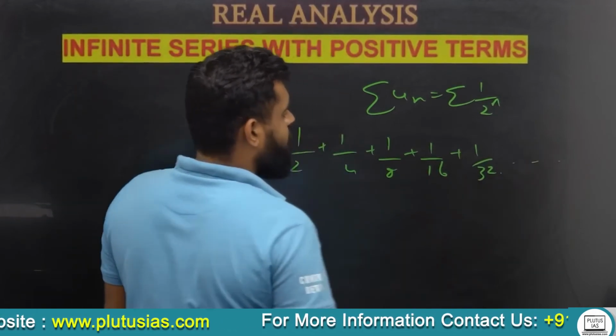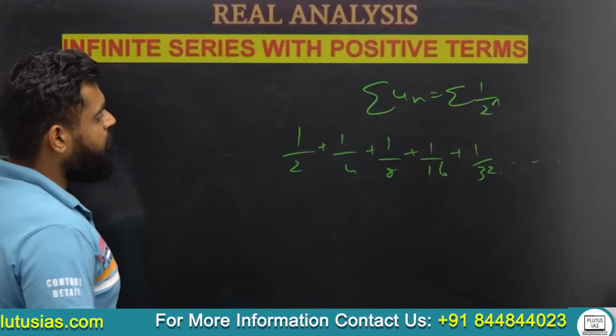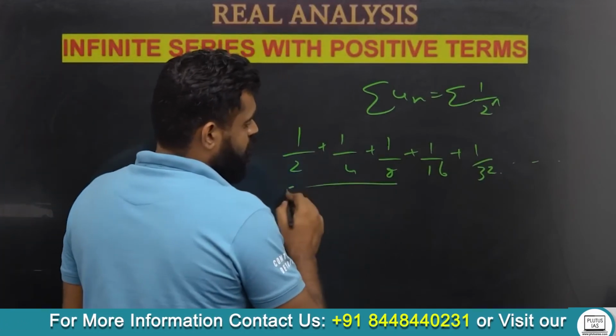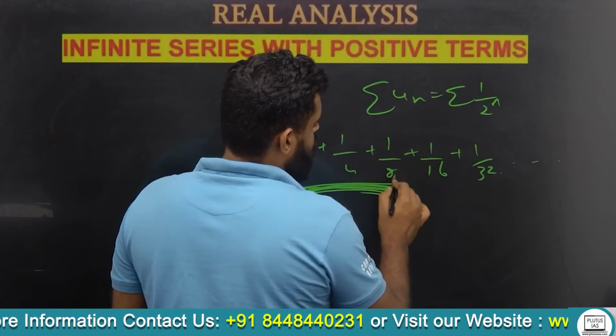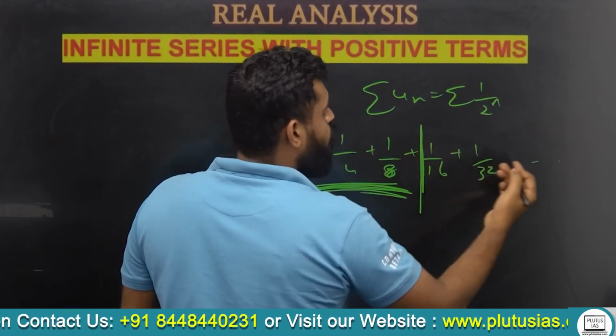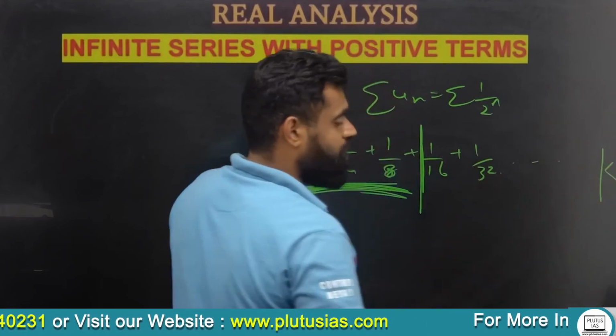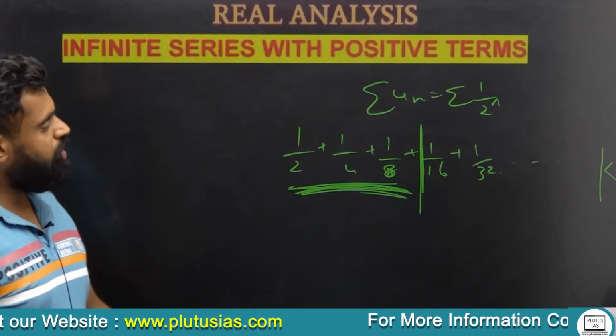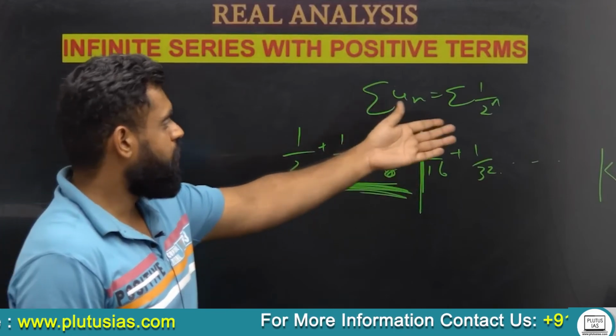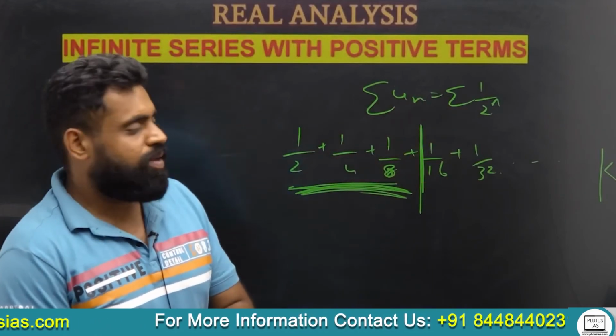See, if I say that after 3 terms, that is after this m equal to 3, the whole would be less than, say, 2. It is less than 2. When we calculate this, we get the value less than 2.